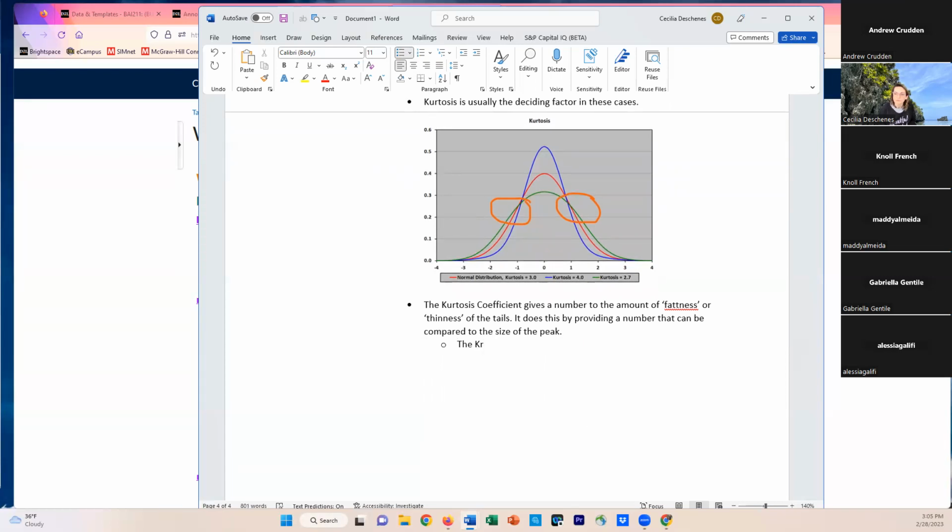The kurtosis coefficient can range from 1 to infinity and is 3 for a normal distribution.